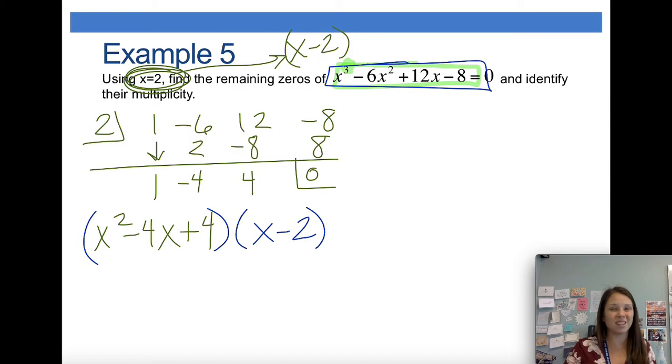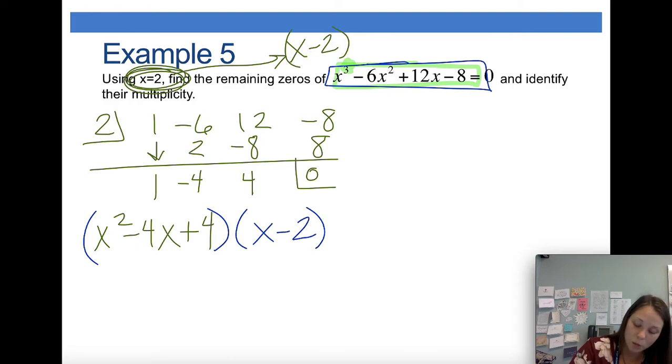Now the purpose of this is not to multiply these together, because that would undo all the work we just did. The purpose is that we're trying to factor x cubed minus 6x squared plus 12x minus 8, and we're going to use division to factor. We couldn't use any of our other factoring methods like factor by grouping because it simply doesn't work with this problem. So we use division to help us with our factoring.